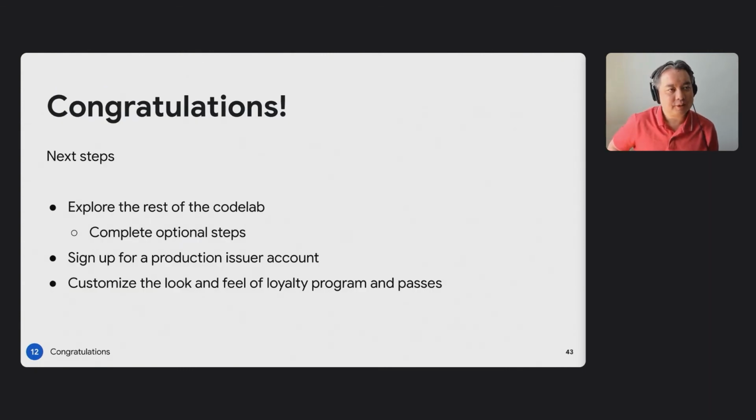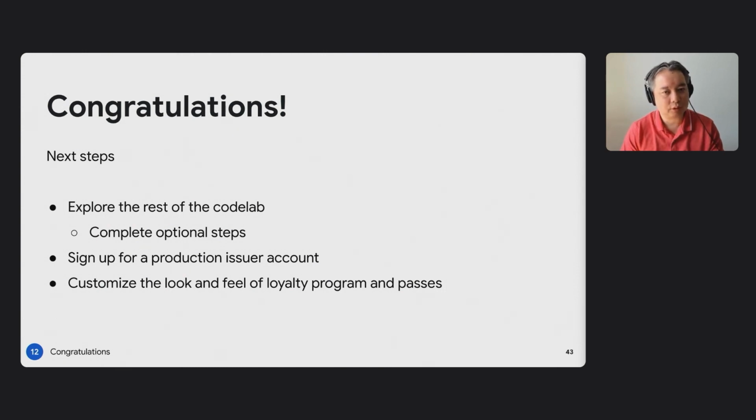As far as the next steps are concerned, first off, I just want to congratulate you for getting this far. The next step I would suggest is to explore the rest of the code lab. There are a number of optional steps that have been included that we just didn't have time to get through. They include things like integrating with the Save to Google Pay button, which improves the user experience because it means that saving to Google Pay doesn't take the user out of the experience.